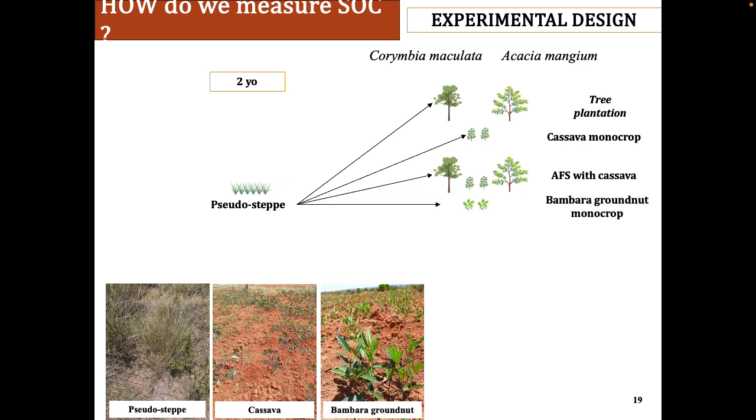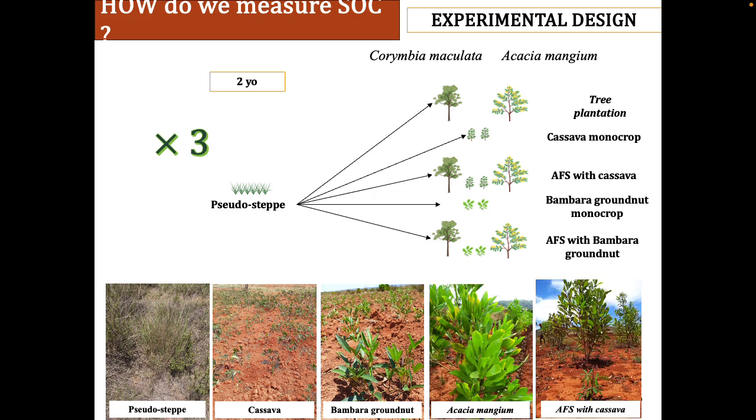We compared also with Bambara groundnut, which is a legume crop, and agroforestry systems with Bambara groundnut. And we have 3 replicates, and these are different pictures of Acacia mangium and the agroforestry system with cassava.